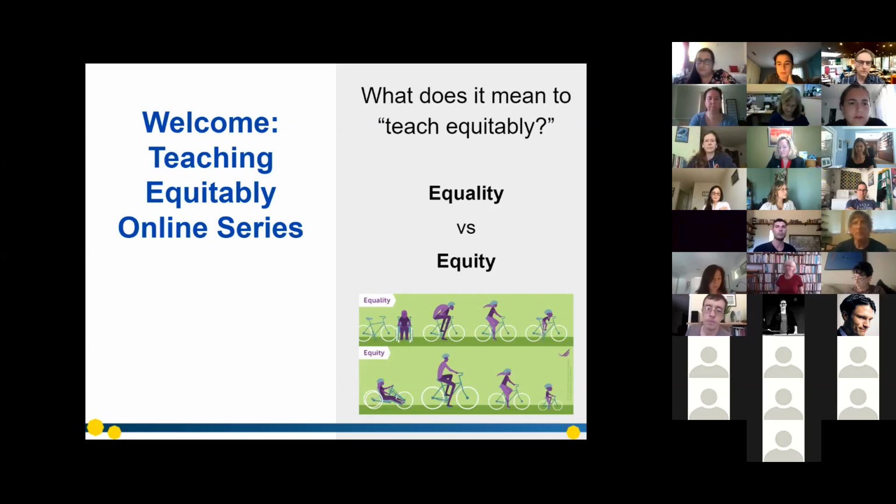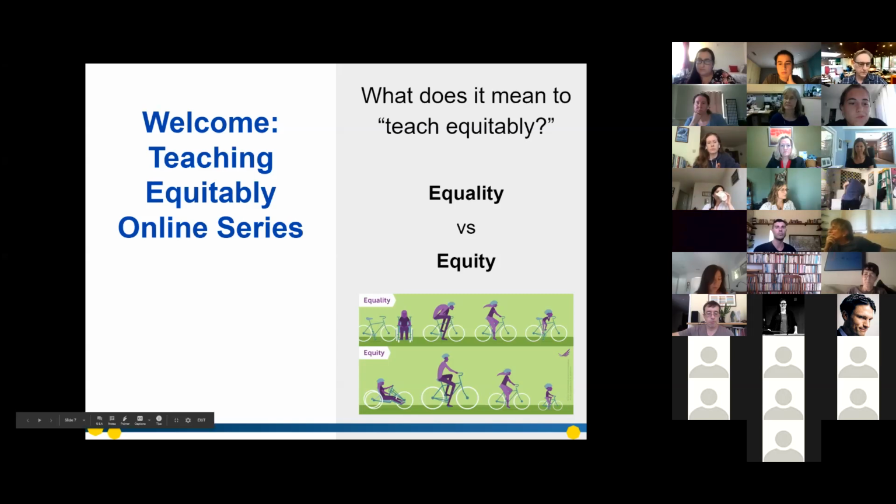So if you look at this picture, if we give everybody the same bicycle and expect them all to get to the same place, but they are coming with different strengths and different limitations, that's going to be quite challenging. But in terms of equity, if we make the bike fit the person, then they will all have a fair and equal opportunity to reach the goals that we are asking them to reach.